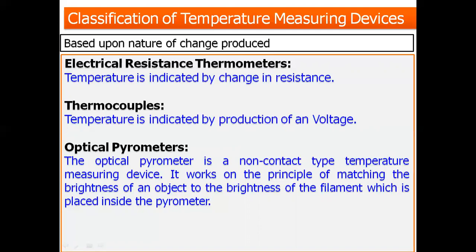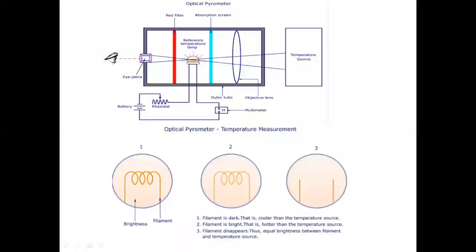Basically, you can see in this figure that inside the pyrometer, the reference temperature lamp, as you can see right in the center, is controlled with an electronic circuit, right?